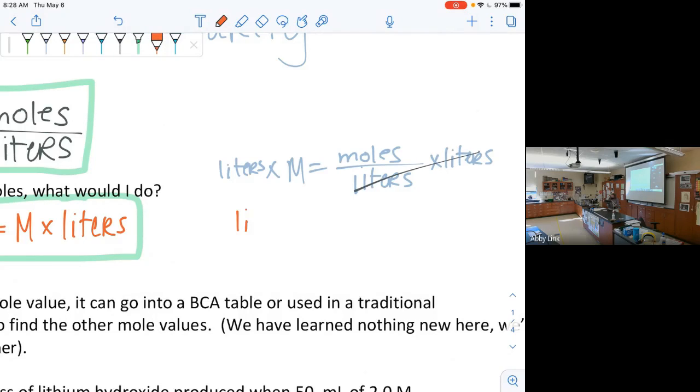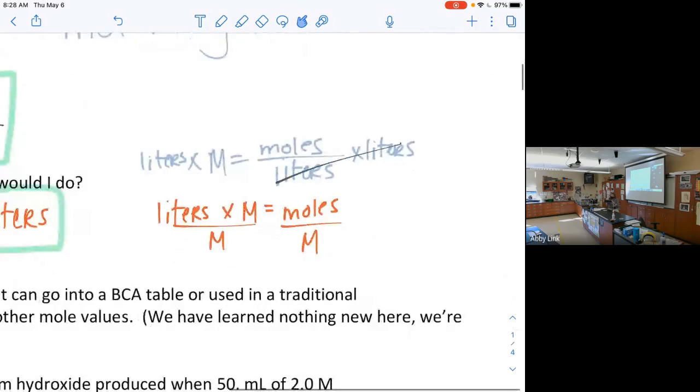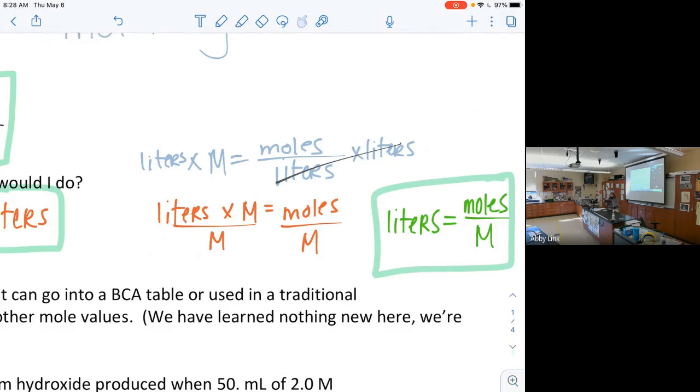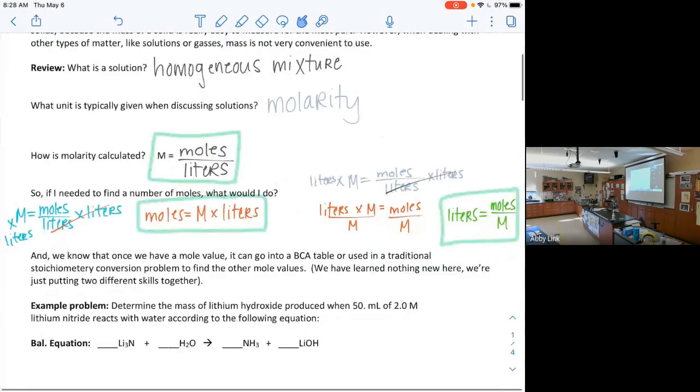And then I have liters times molarity equals moles. So then I have to divide both sides by molarity. And then I come up with liters equals moles over molarity. Absolutely. Let me get everything on the screen. How about that? Sounds good?